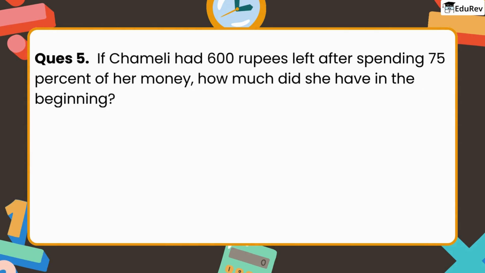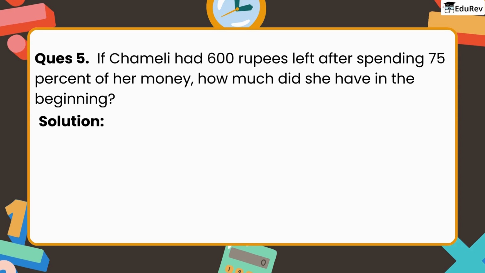Fifth question is, if Chameli had 600 rupees left after spending 75% of her money, how much did she have in the beginning? The question says that Chameli has spent 75% of her money. This implies 25% of her money is left, which the question states to be equal to 600 rupees.